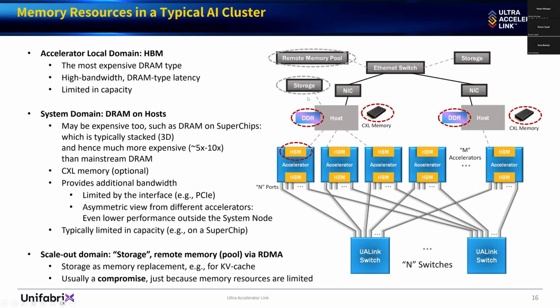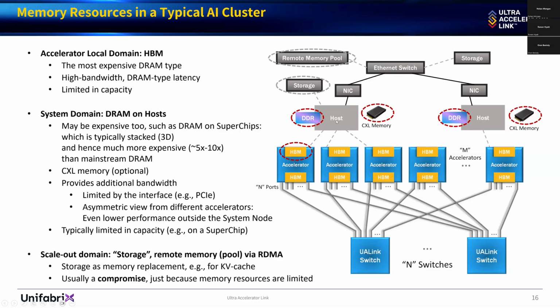What's the next tier? Usually the next tier goes to something which is not really memory. It could be storage, and there are quite a few implementations that support KV caching using storage. And there are some implementations that use NICs or RDMA to fetch memory, not through the scale-up domain, but through the scale-out domain, meaning you would use a NIC to fetch via RDMA memory that exists on another host.